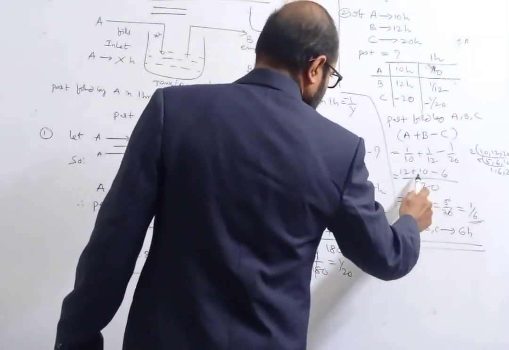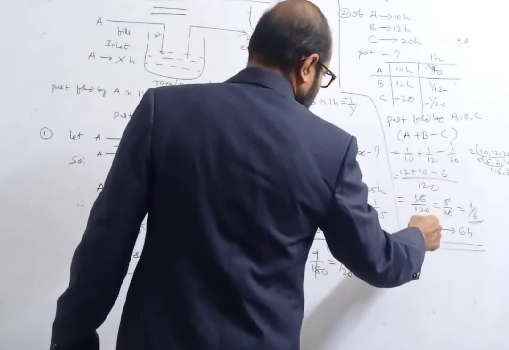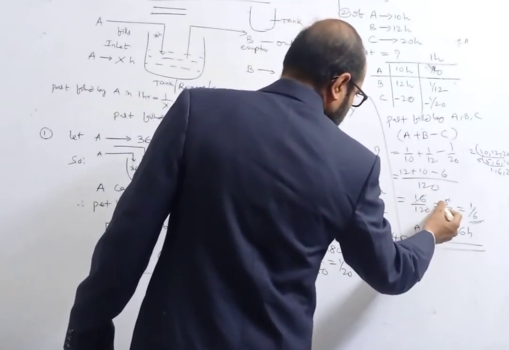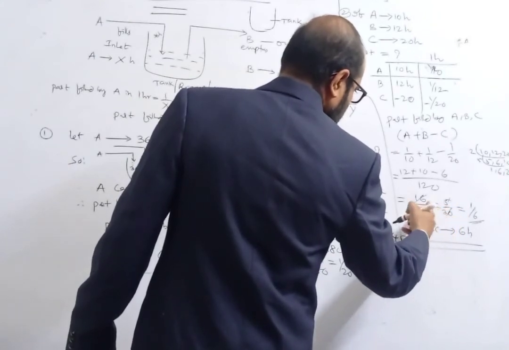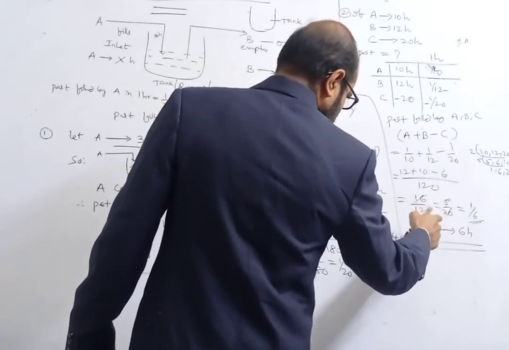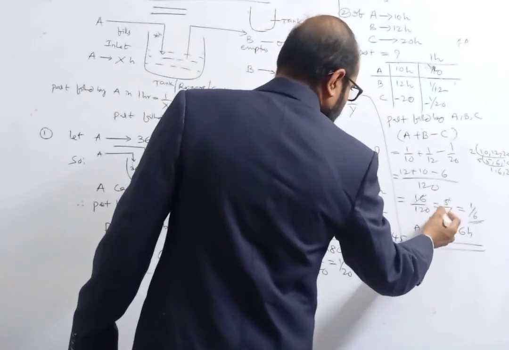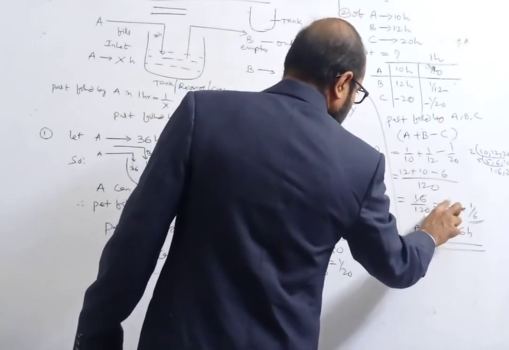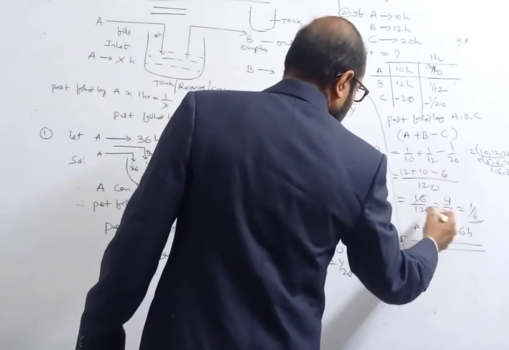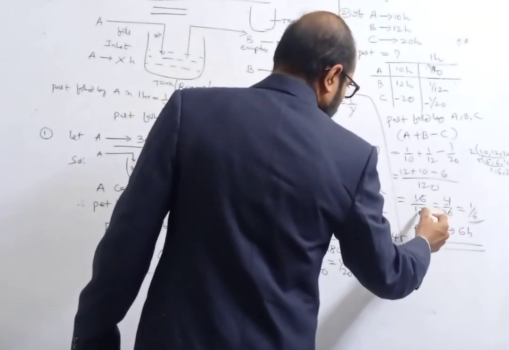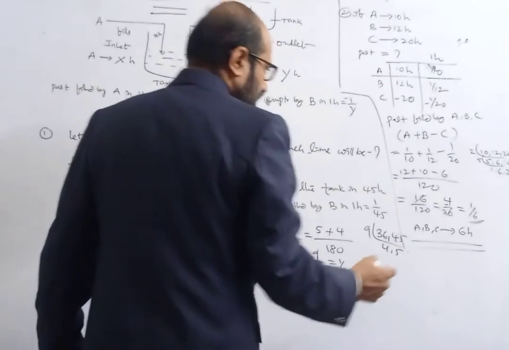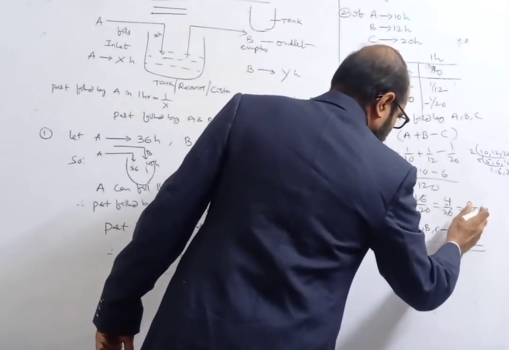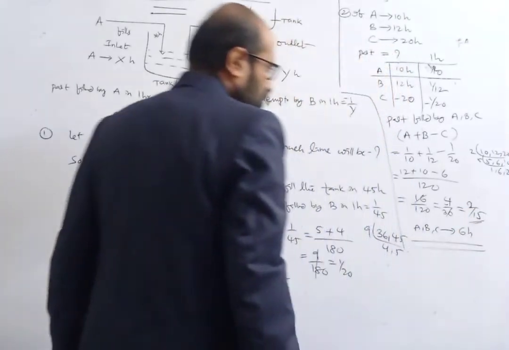Sorry, here what is this? 10 minus 6 is 4, plus 12 is 16, by 120. 4 4 is 16, 4 3 is 12, so 4 by 30, and 2 2 is 4, 2 15 is 30, so 2 by 15.